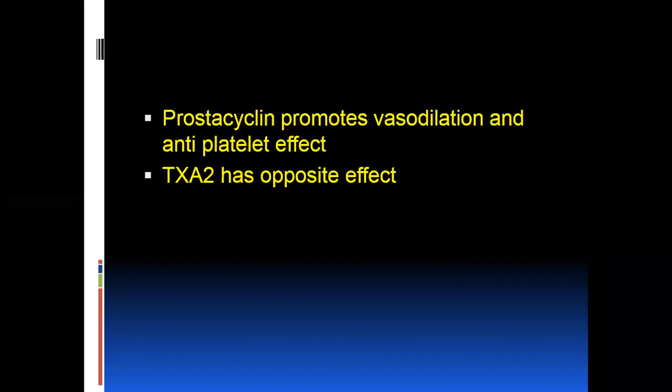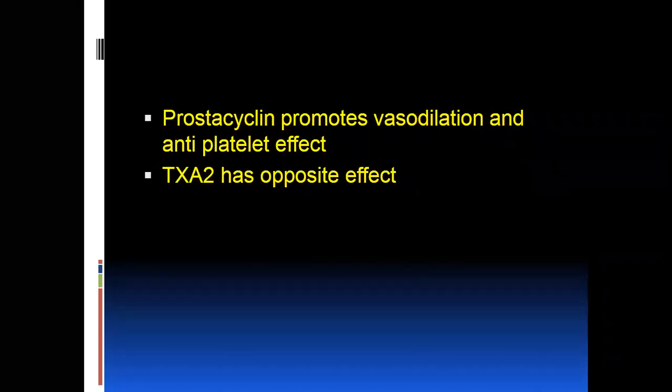Now I will discuss the other non-steroidal anti-inflammatory drugs in the next lecture. In this lecture I have discussed the non-selective COX inhibitors. Among them, the salicylate group of drugs, which was further divided into acetylated and non-acetylated groups.